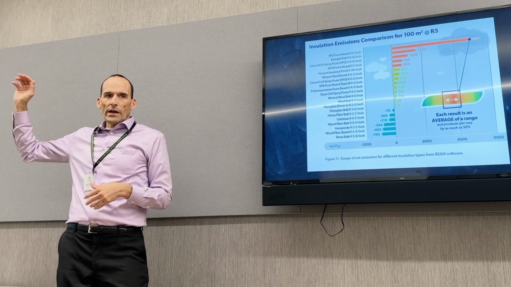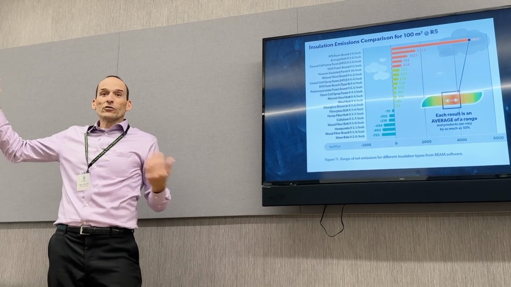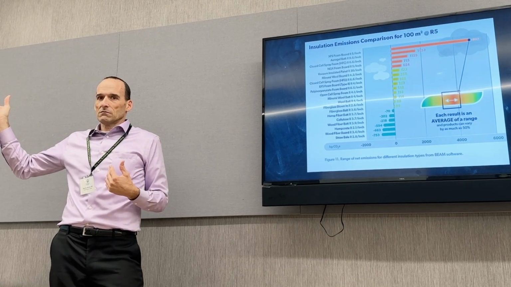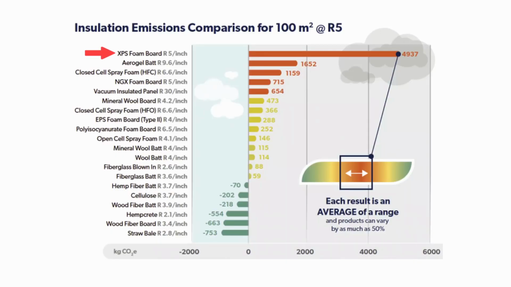Who knows the difference between XPS and EPS? Of course you do. Who else knows the difference between XPS and EPS? Well, XPS is worse than closed cell foam for the amount of environmental damage it does, whereas EPS is, what, 20 times better for the environment?